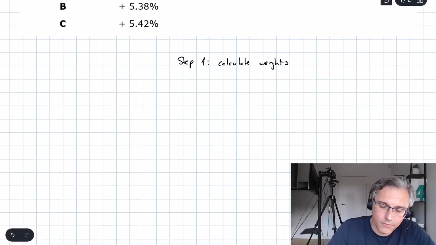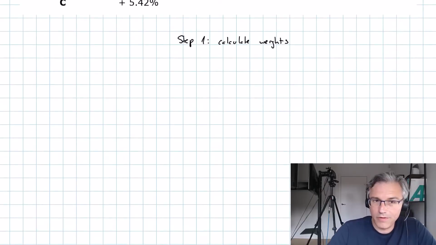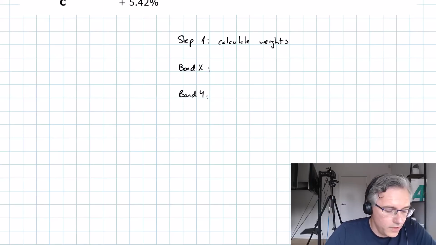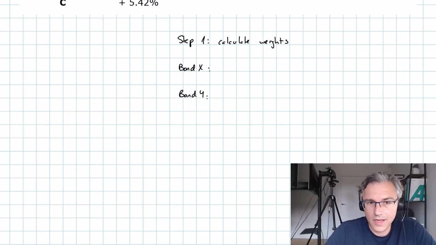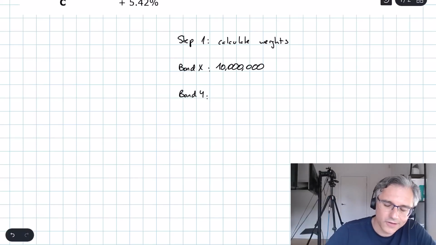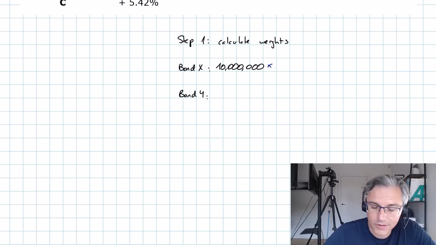In order to calculate weights, I need to actually get my head around the market values. So we've got bond X here and bond Y. The amount of investment is exactly the same across the two bonds. It's 10 million. Actually, because it's 10 million uniformly, I don't necessarily need that 10 million here, but I'll do it properly.